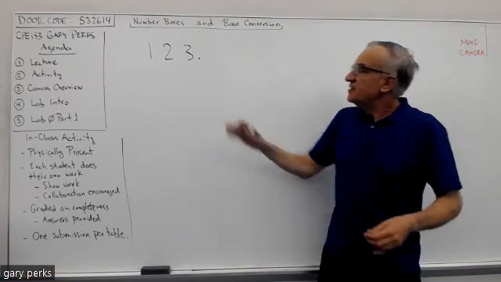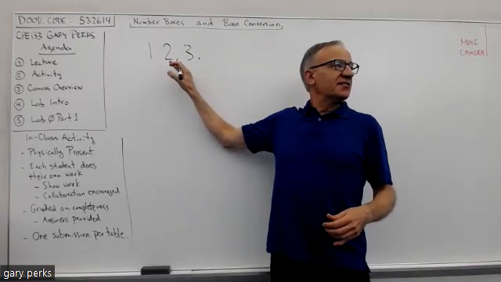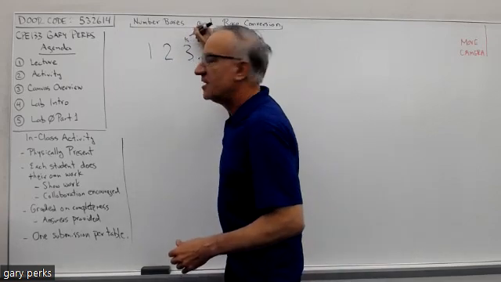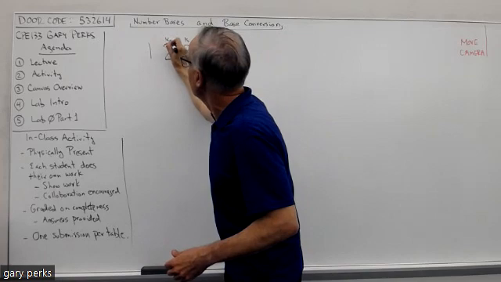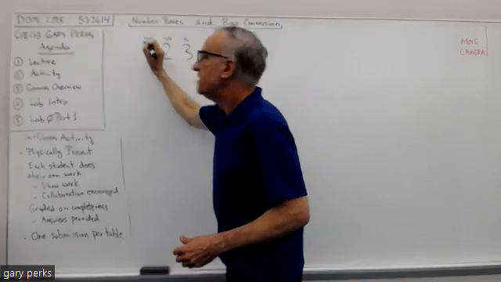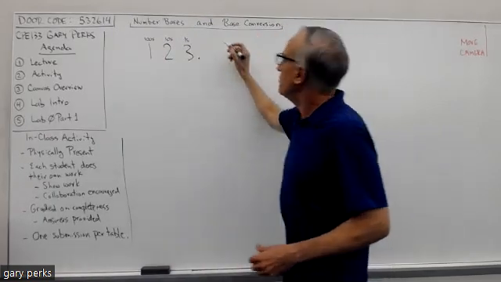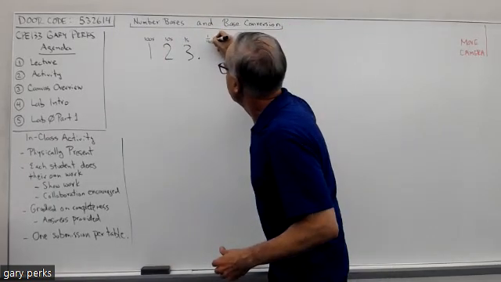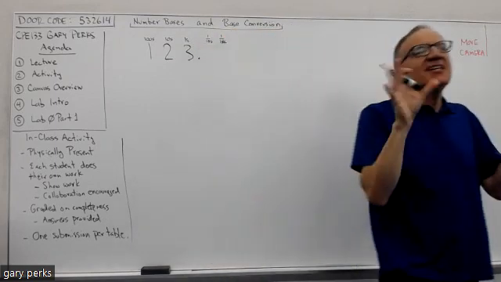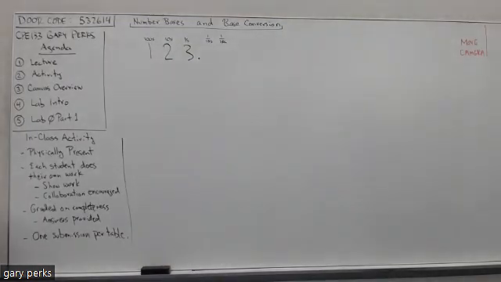Right to the left of that decimal point is the ones column, the next column over is the tens column, and the next column over is the hundreds column, and so on. To the right of the decimal point, you learn that this is the tenths, this is the 100ths, and so on. But you don't even think of that anymore because it's so ingrained. It was so long ago that you first learned about base 10, and you've used it so much, you don't even really think about it anymore.